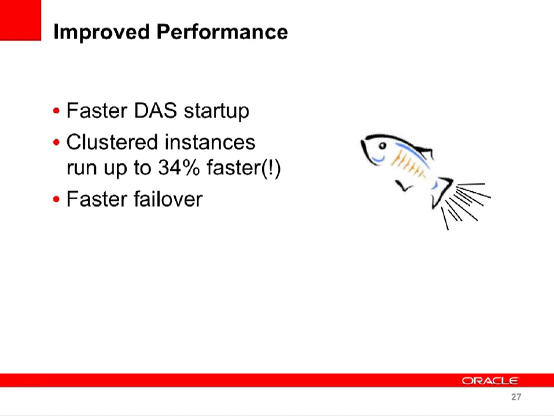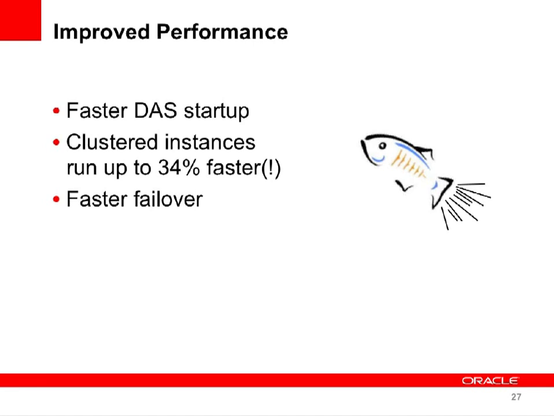By doing that and using some custom logic, instances running within a cluster run up to 34% faster than instances running in a GlassFish Server 2.1 cluster. So simply by using GlassFish Server 3.1, you can get up to 34% faster performance relative to GlassFish Server 2.1.